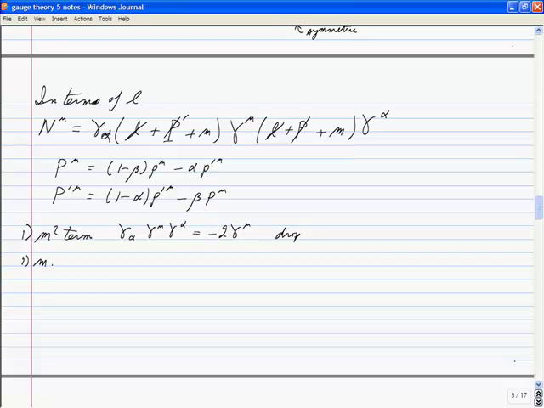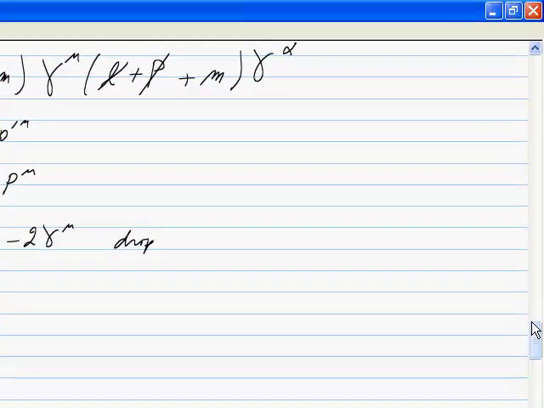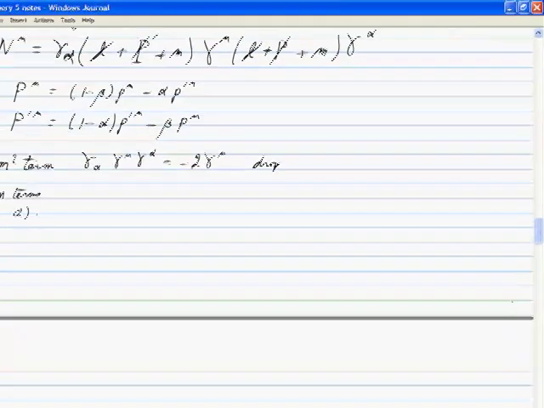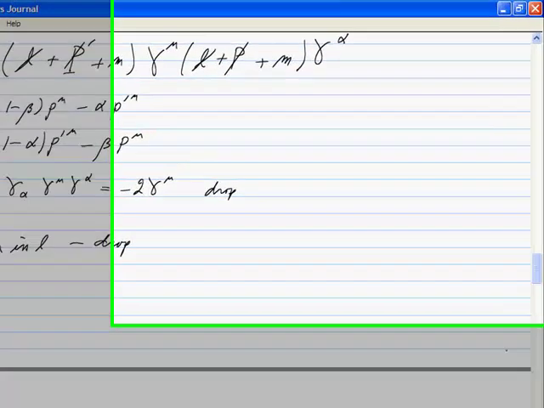Okay. Two, the m terms. Okay, we see m multiplying L p mu p prime slash there and L p there. The first thing you do is anything that's linear in L, you drop, because the rest of the integration is symmetric in L, right?